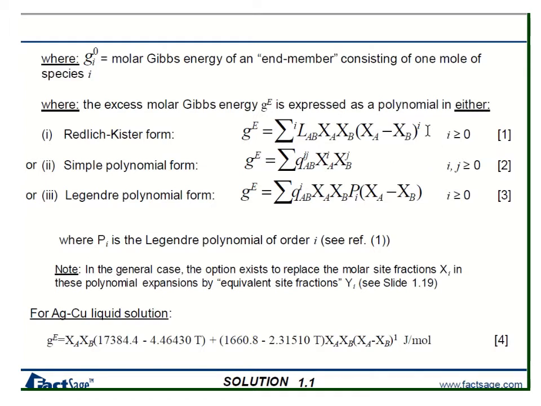It's just a different formula, and sometimes one is more convenient for describing the interaction of the AB solution with fewer parameters. But ideally, we can convert the Redlich-Kister type polynomial to the simple polynomial function. For example, here the Ag-Cu liquid solution is expressed by this form, which is more or less the same as the Redlich-Kister type polynomial. The very first term is XA XB, and then you have this term here.